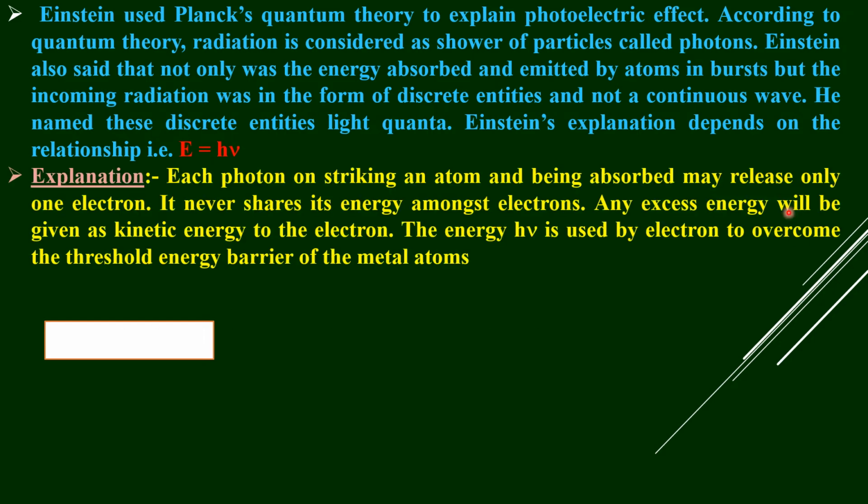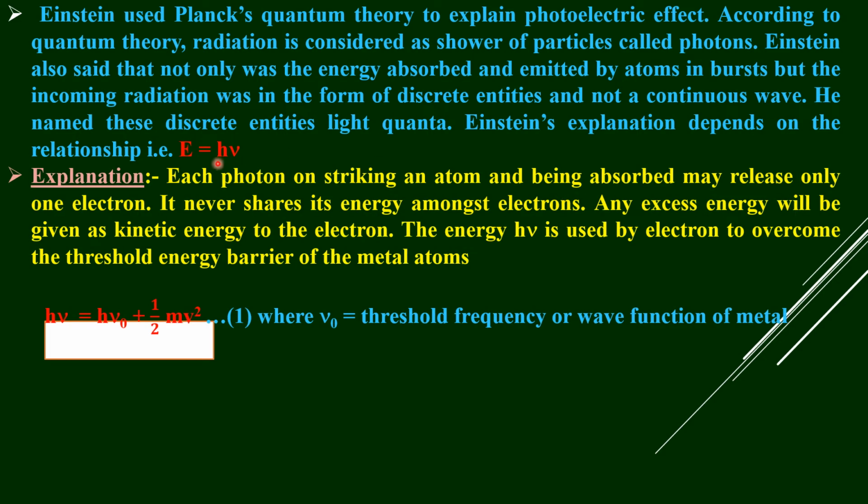According to Einstein, each photon on striking an atom and being absorbed may release only one electron. It never shares its energy among the electrons. Any excess energy is given as kinetic energy to the electron.